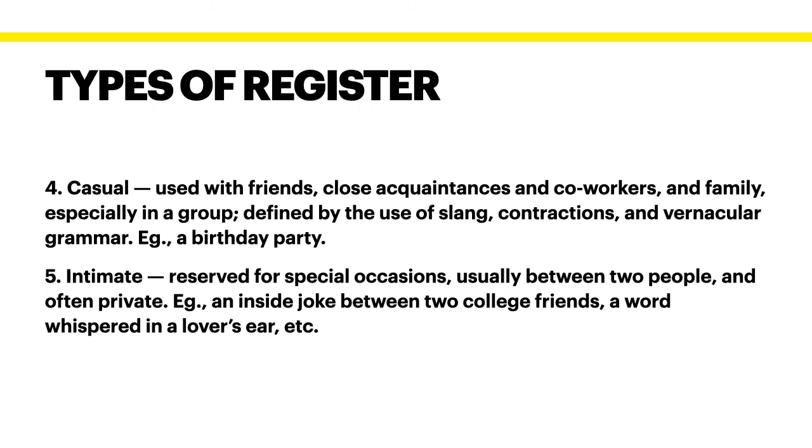The fifth and the last type of register is called the intimate register. This is reserved for special occasions, usually between two people, and it is often very private. So some examples for that would include an inside joke between two college friends. So this is maybe not the kind of joke that you can make with everybody.